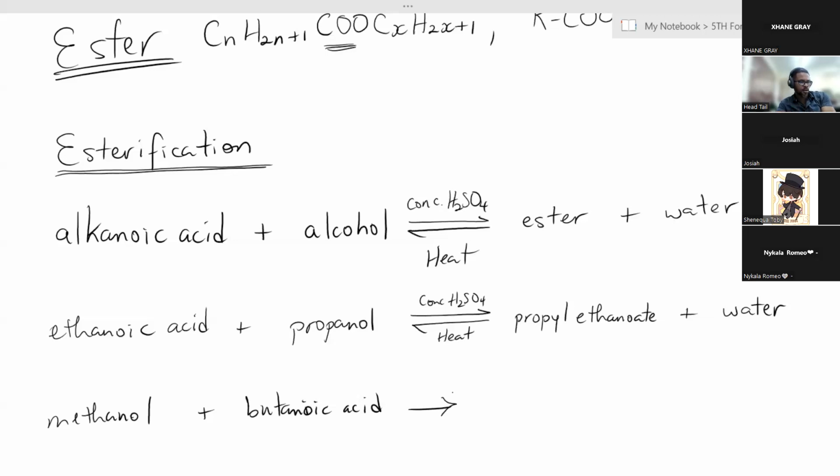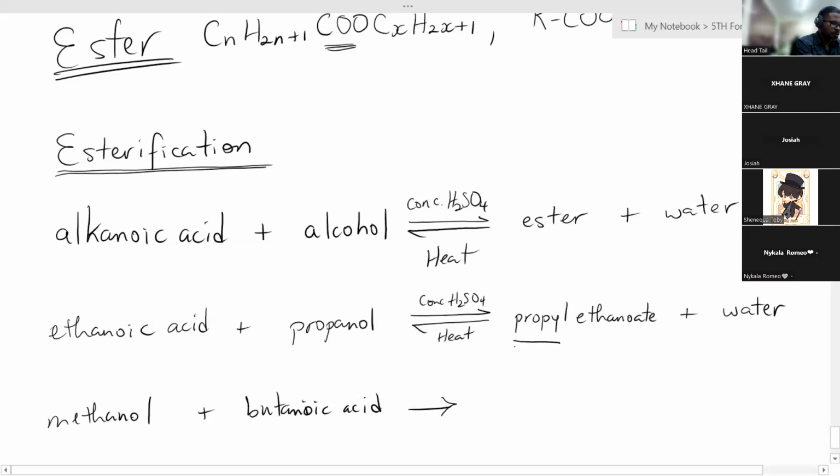Look at it carefully. What will be the first part of the ester's name from the first example? Where did that come from? Propyl. Where did that come from? Propanol. What is propanol? Is propanol the alkanoic acid, or is it the alcohol? It's the alcohol.